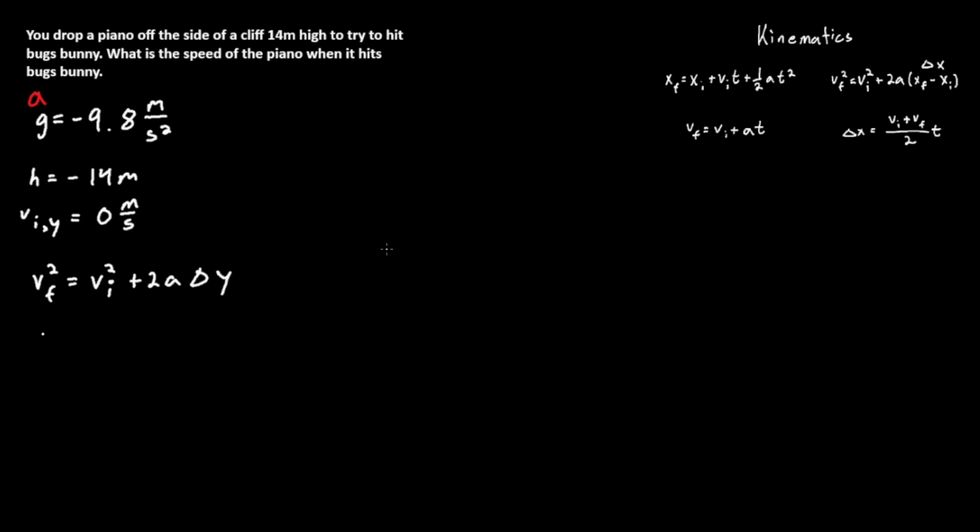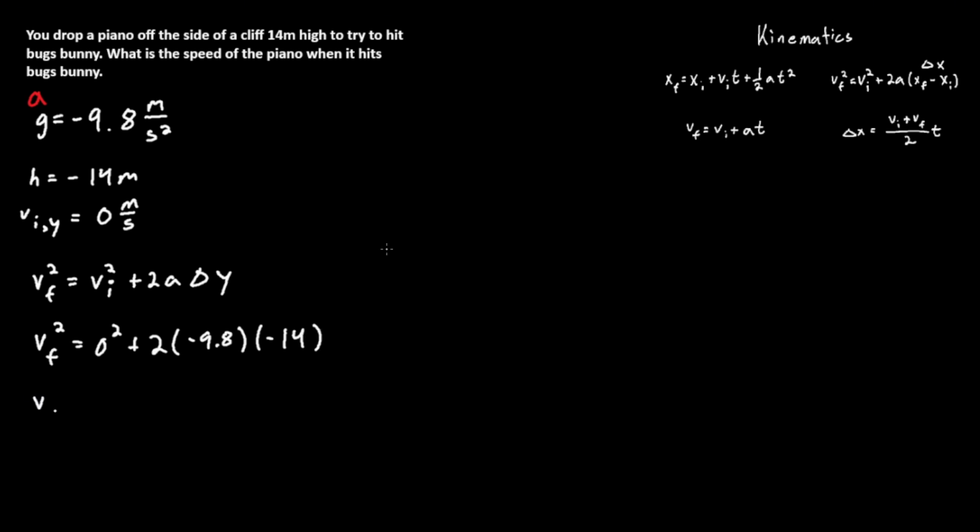If we plug in all our values, we get final velocity squared equals, well, initial velocity is just 0, so this is 0 squared, plus 2 times our acceleration, negative 9.8, so the negative matters here. I guess it doesn't really matter that much since we're calculating speed. And your delta y is negative 14 meters.